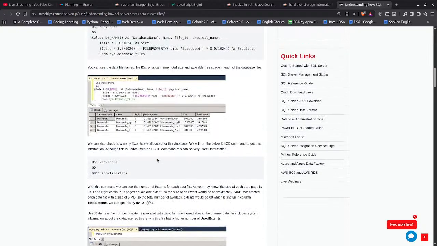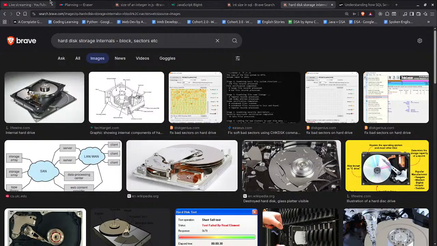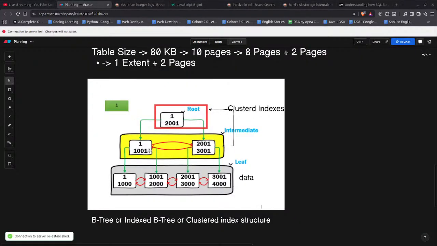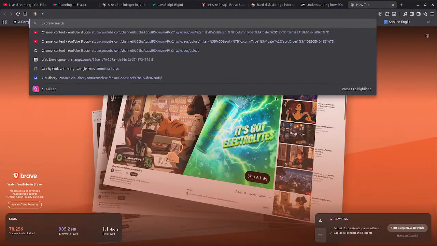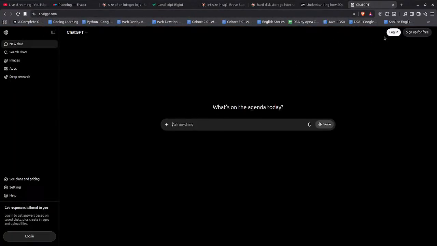Time to talk to the AI regarding this. Now it's enough of reading. I'd better take the help of AI in this particular case. ChatGPT. Login.